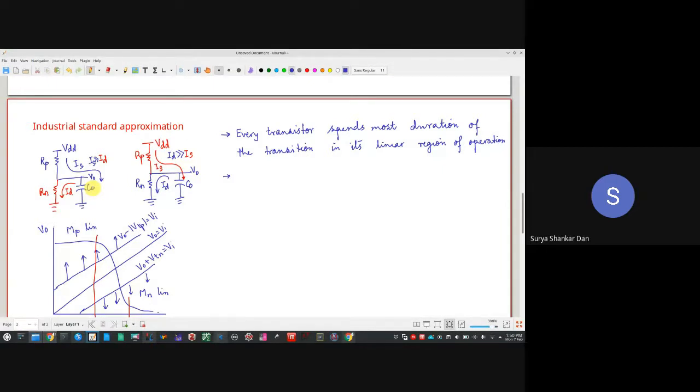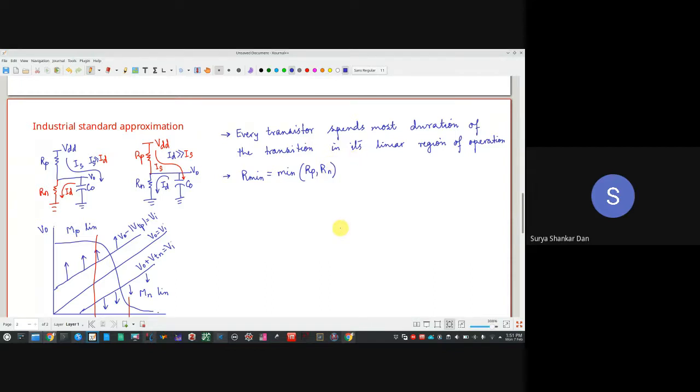Think about it. Whichever is the minimum resistance of the two. So the net effective R seen by the output capacitance will be the minimum of Rp and Rn.